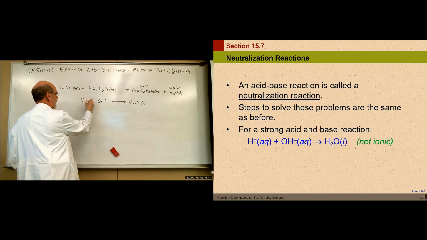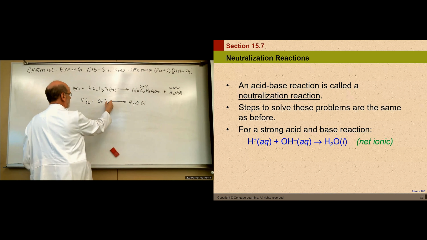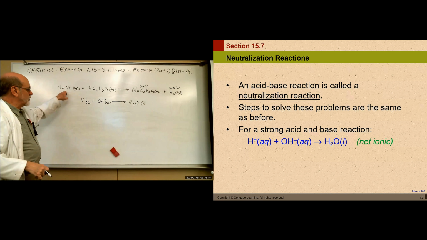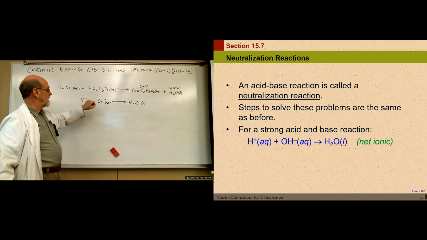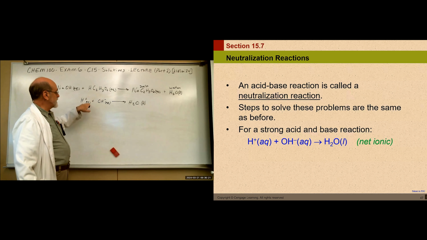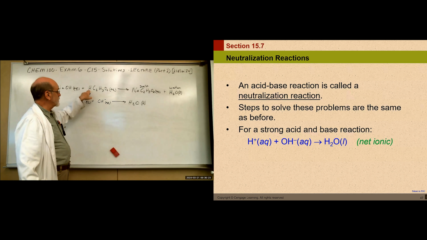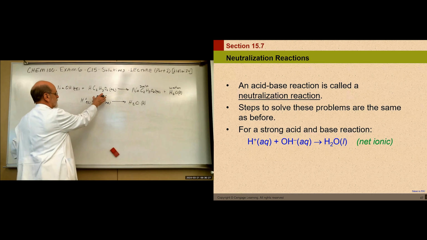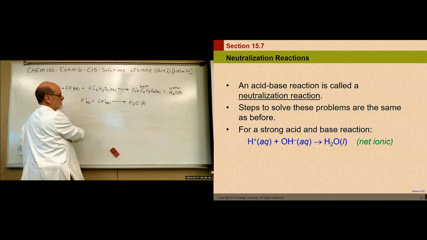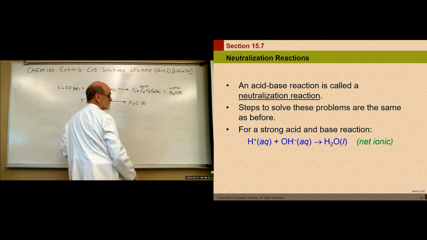Okay? If this is soluble, then the hydroxyls are in solution, and the acetates, the hydrogens are in solution, reacting with this. These are spectators. That's a spectator, that's a spectator. They're spectators.